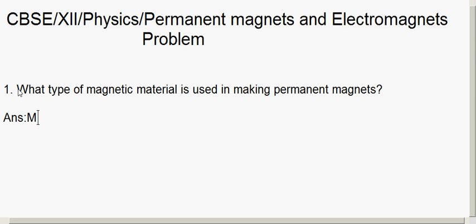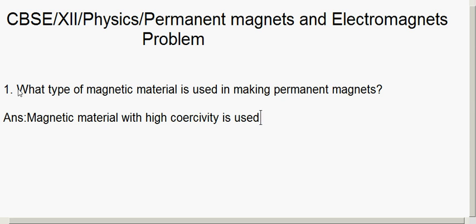Magnetic material with high coercivity is used for making permanent magnets. Example can be steel. That is the answer. So these are all 1 mark questions.